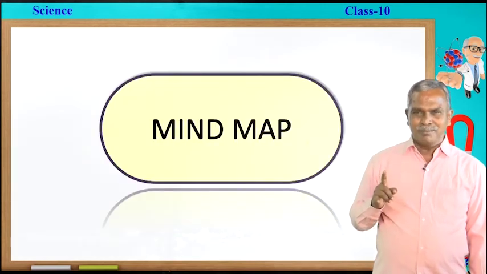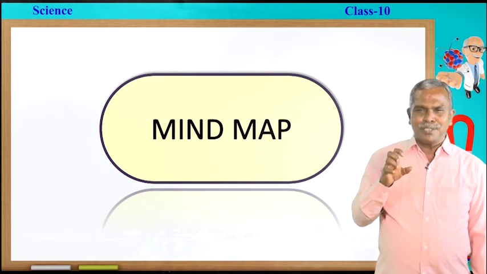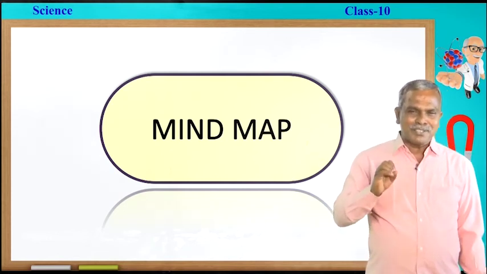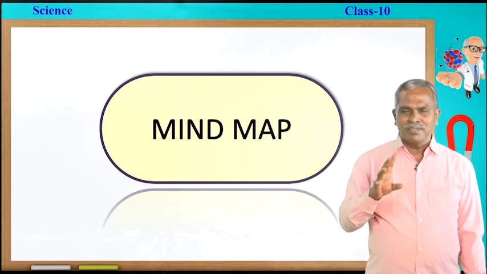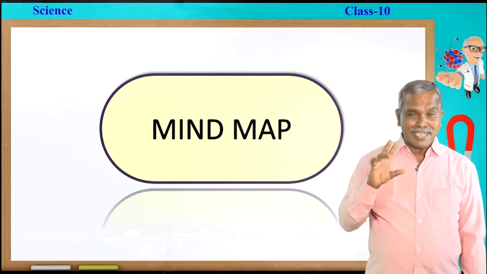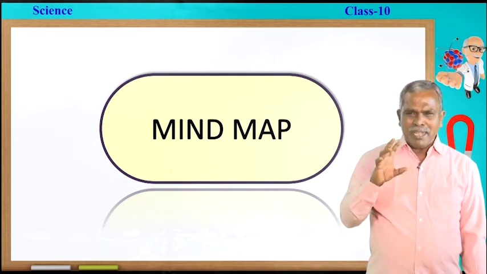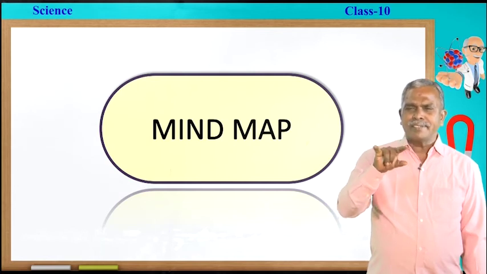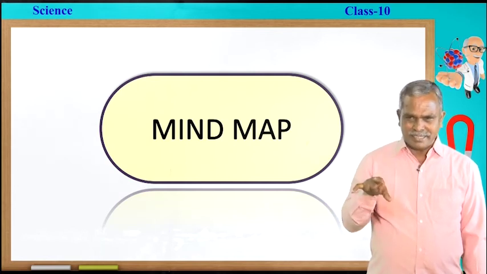Okay children? Okay, till now even in the recapitulation also your participation was very amazing. Now, after the conclusion of this lesson, I am going to give mind map. Mind map is nothing but giving the entire lesson in points wise.